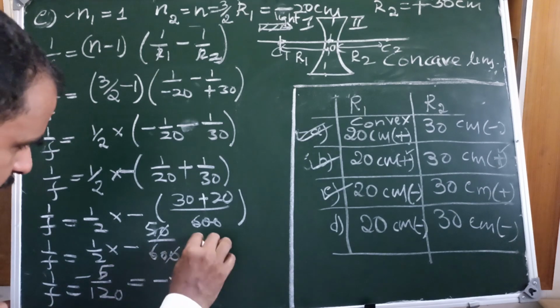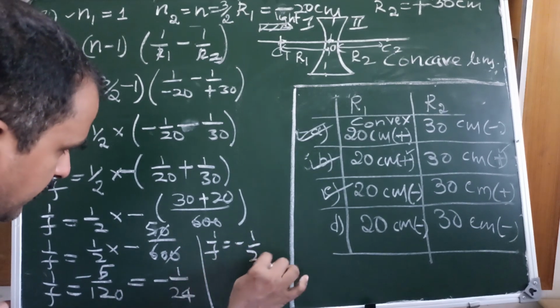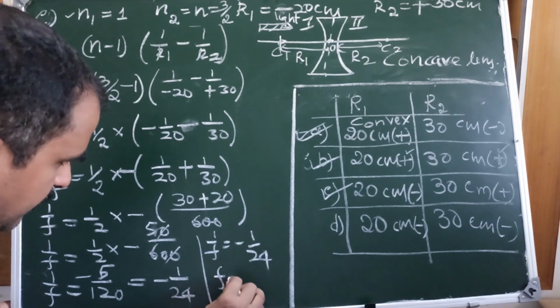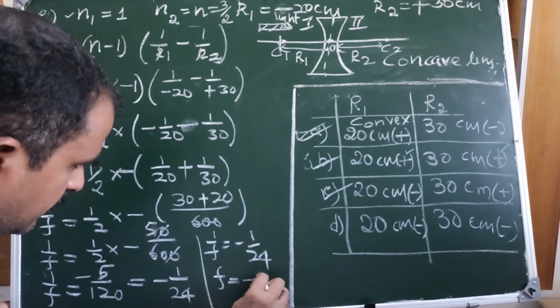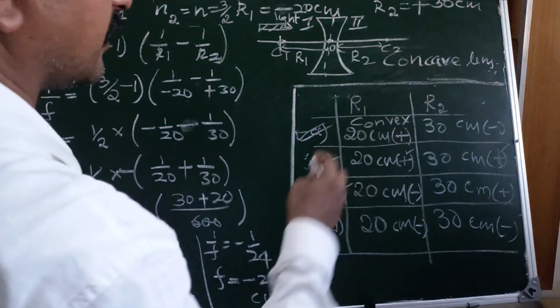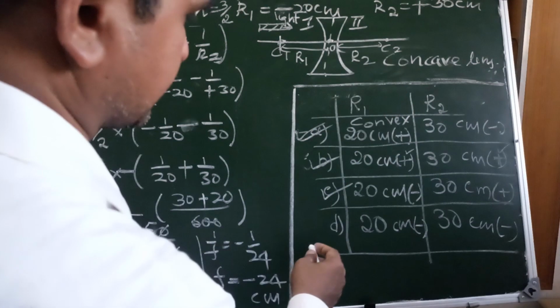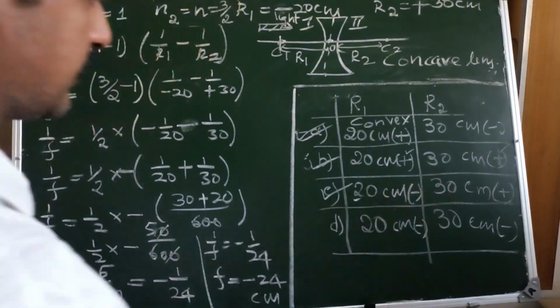So 1 by f is equal to minus 1 by 24, so f is equal to minus 24 centimeter, and here you are getting a diverging lens.